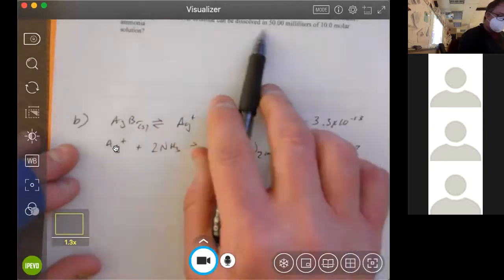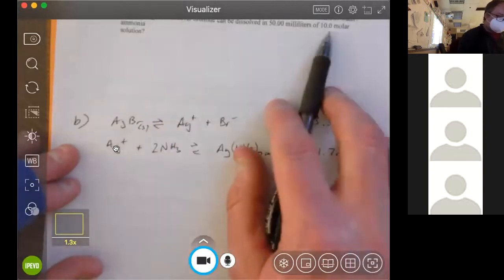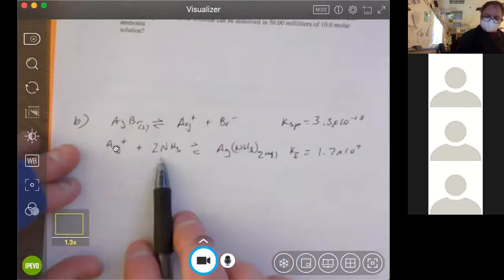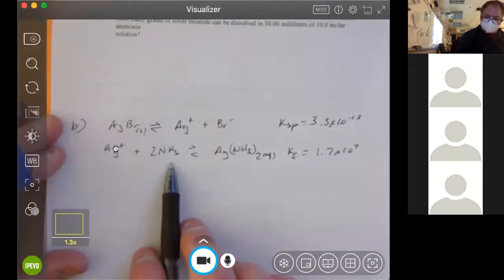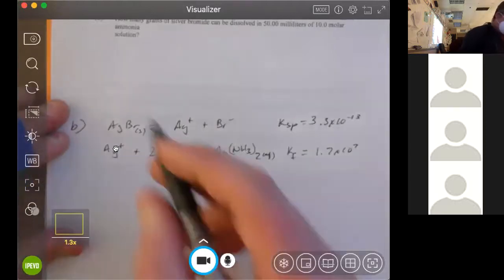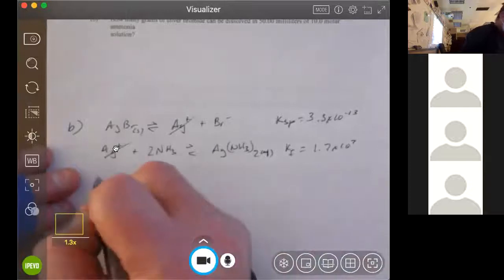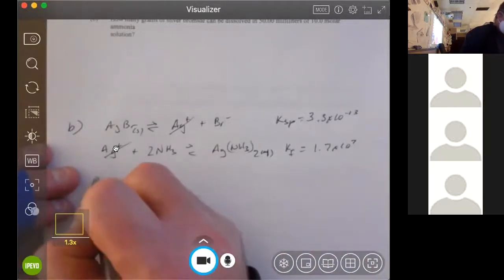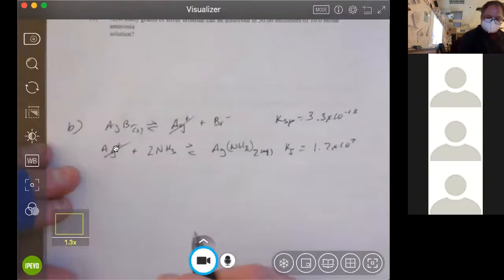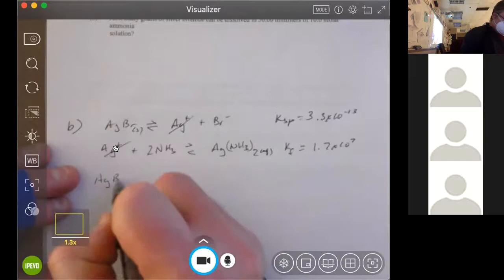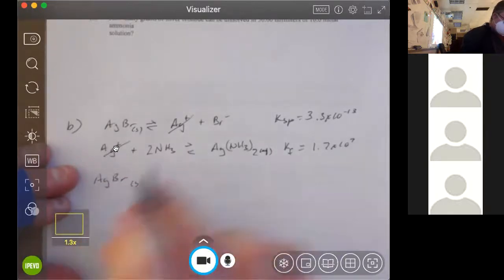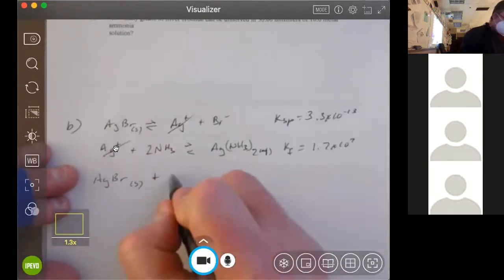So looking at this, if we want to figure out how many grams of silver bromide can be dissolved in 50 milliliters of a 10 molar solution of ammonia, we're already going to have some of that ammonia there, right? So if we take a look at this, we're going to be able to get rid of these because this is getting used up. We don't care about the AgBr really anymore, but we're going to want to put it in there. It's solid still, so it's not going to have a factor.